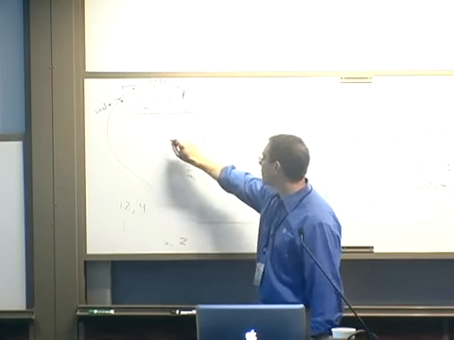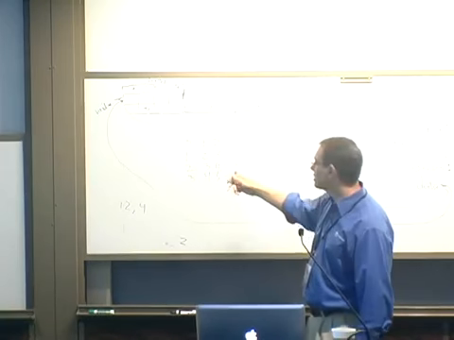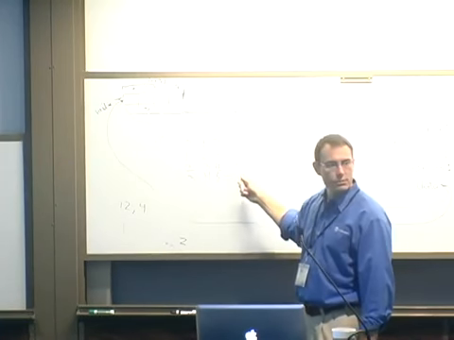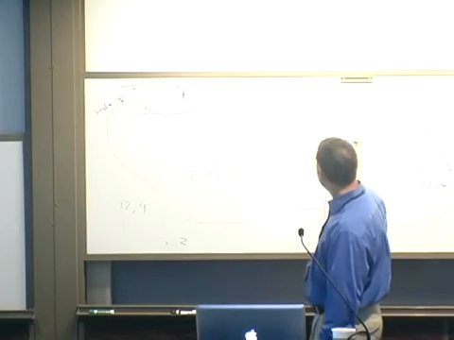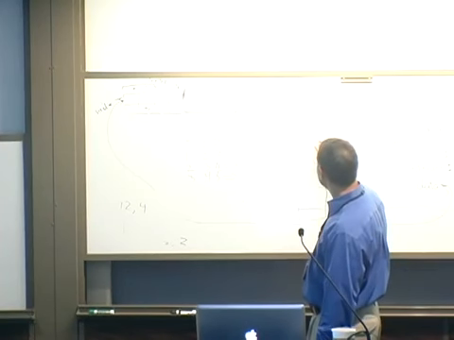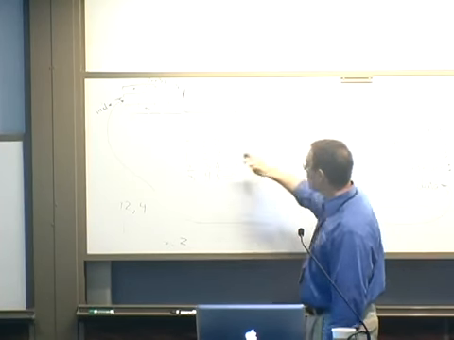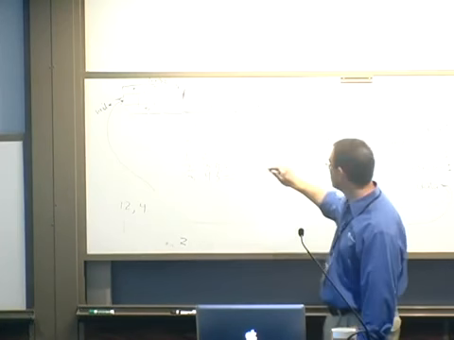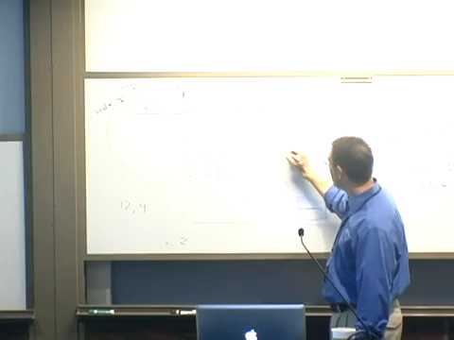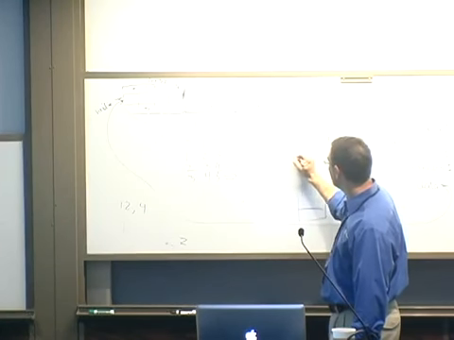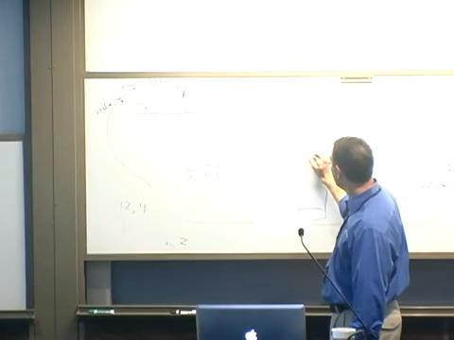If this is my array A, and I want to know the sum or the average of these windows, I can do A.sum axis equal 1, this is the index 1 axis, divided by A.shape[1].